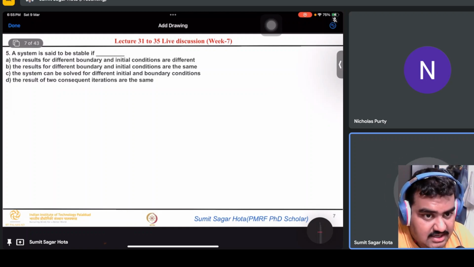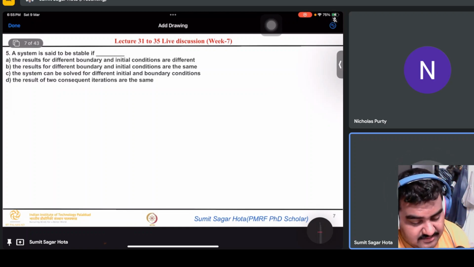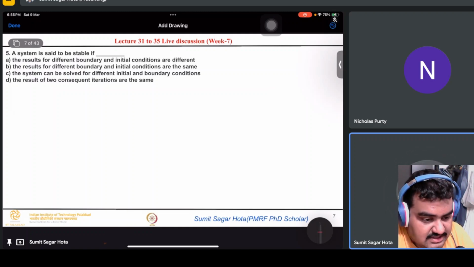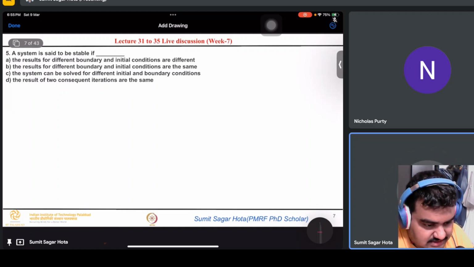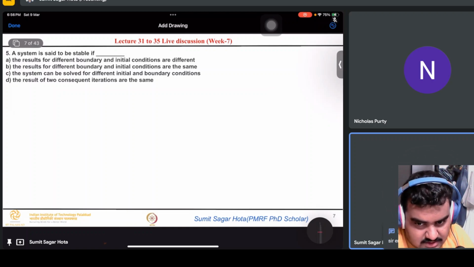Then only we can tell the system is stable. If you see any kind of stability problem, for the simulation we first have to see the initial condition. Then, to solve that problem, what are the given boundary conditions? If these two things are there with us, we can tell that for particular conditions the system is stable.